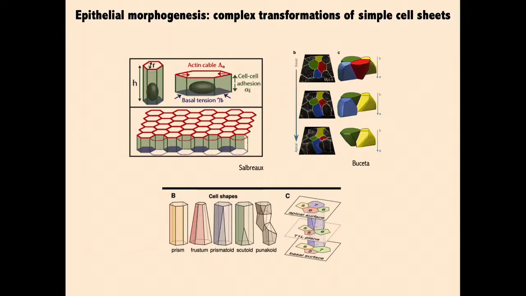And what it basically shows you is that cells on a curved sheet are packed in such a way that the top end of these cells may have neighbors that are different from the bottom ends of these cells. So there's some sort of twist, that these cells aren't straight cylinders like that, but they could have different neighbors apically and basally. And this was offered as a packing solution on curved epithelial sheets.